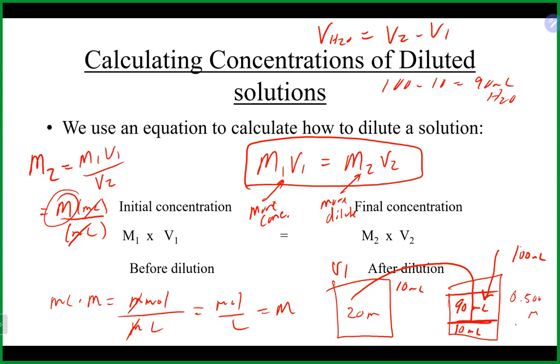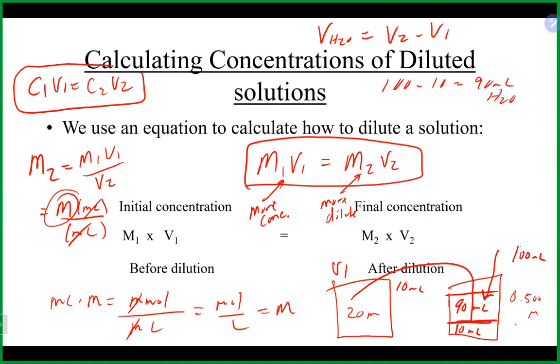Now, I would say probably 9 times out of 10 people will use this equation because frankly, molarity is the most common unit of concentration, but books and people will sometimes use C1 V1 equals C2 V2, and it really is the same equation. C here is just generic for concentration.